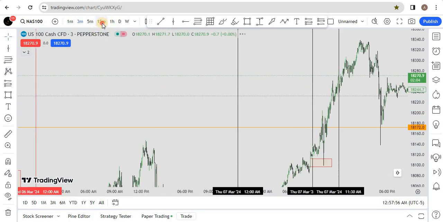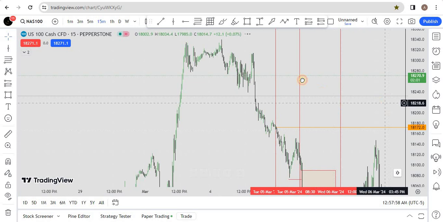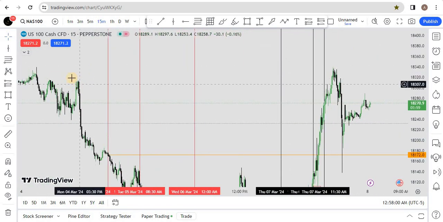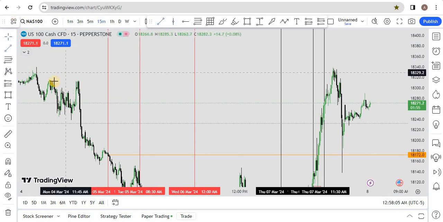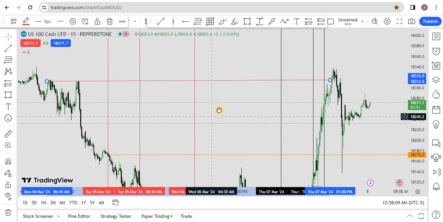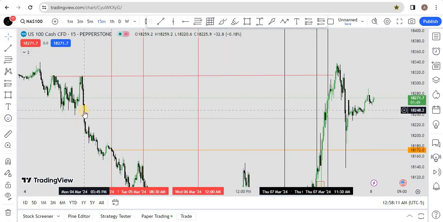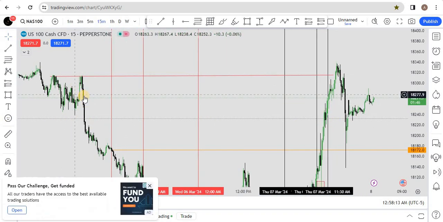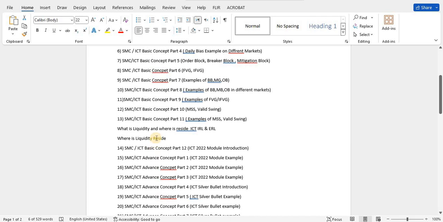Where is the target? These relative equal highs, you see. But you will take partial profits on these fair value gaps. Here, here as well, and the last one here. Okay. More examples will come and you will understand more.